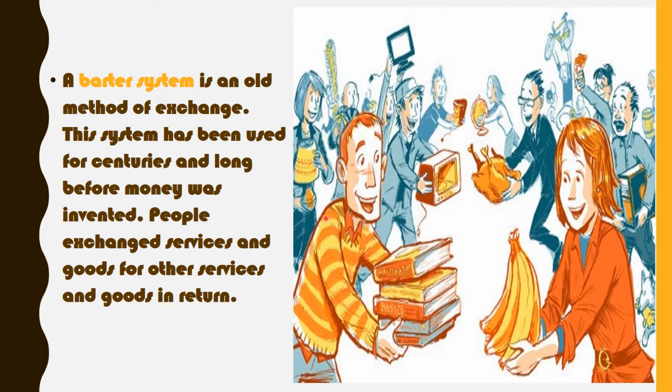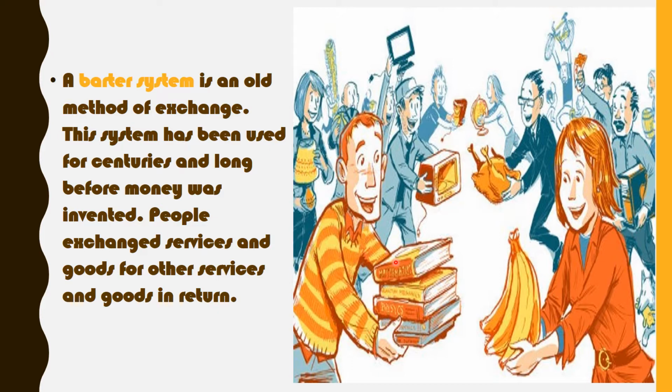For example, if this person wants to buy any fruit like bananas, he would exchange anything like books, lamp, meat, anything in return for bananas. He would give one of his goods to this woman and in return he will get those bananas.